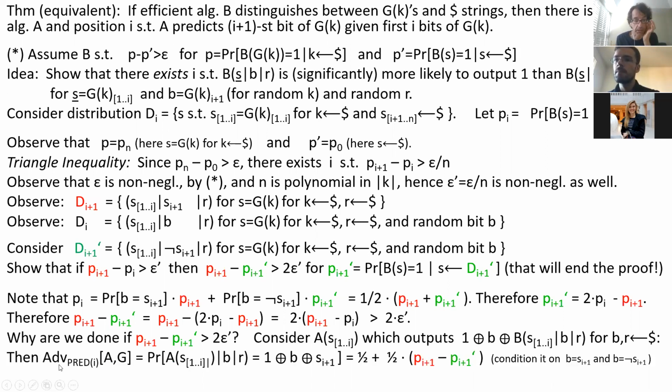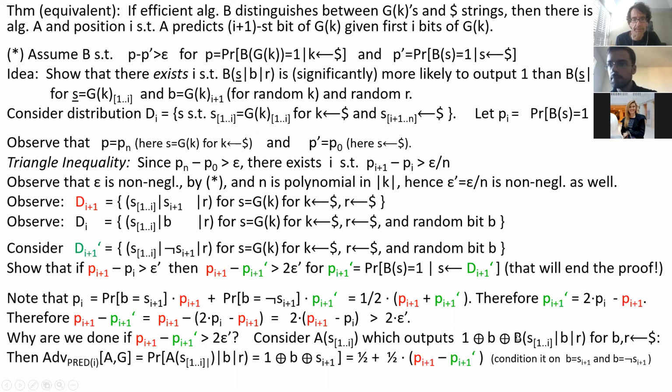And your advantage is epsilon prime, because let's measure what's the probability that this reduction actually outputs the next bit. Okay, so it outputs the next bit if, okay, I think I have another typo.